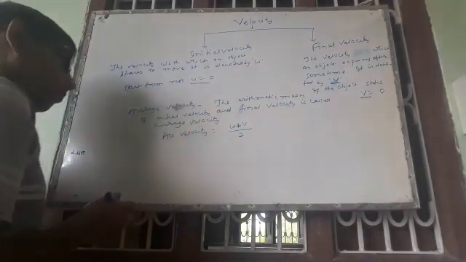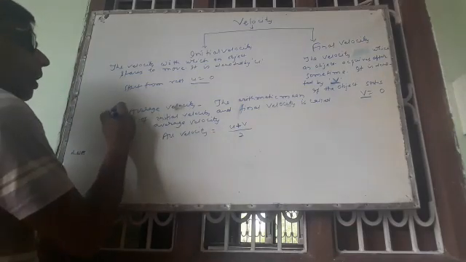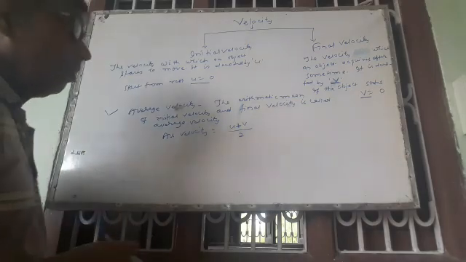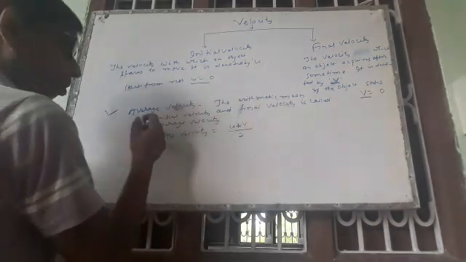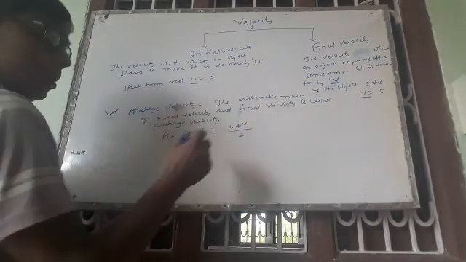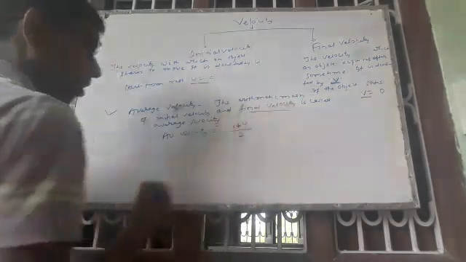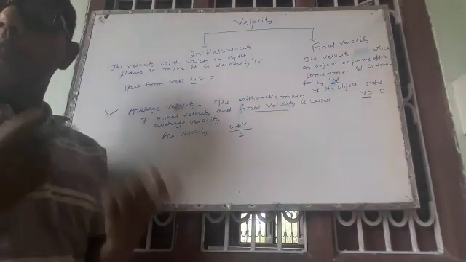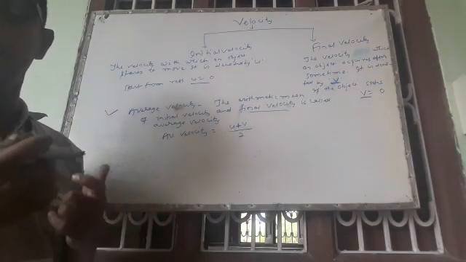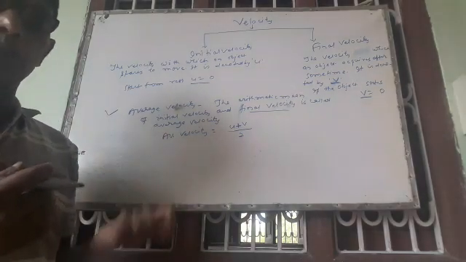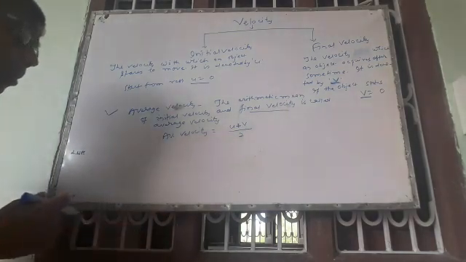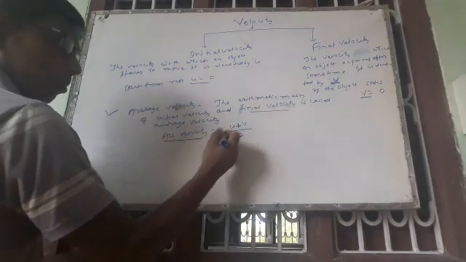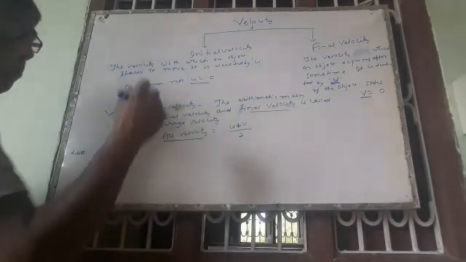Now the third term I am going to explain is average velocity. The arithmetic mean of initial velocity and final velocity is called average velocity. Arithmetic mean means the sum of u and v divided by 2. Because there are two velocities, initial and final, average velocity equals (u plus v) by 2.